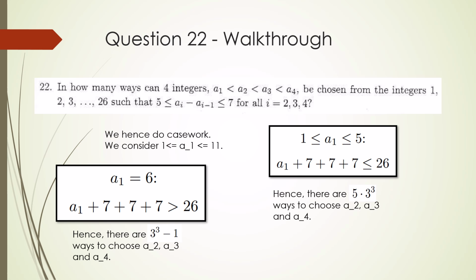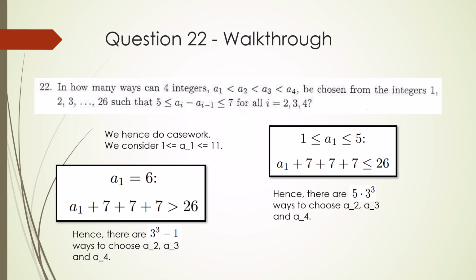So any combination of these differences is allowed. Since there are 3 possible choices for each difference and you have 3 differences, you have 3 cubed or 27 choices for each a1, and since we're considering 1 to 5, you have 5 times 27 for the case where a1 is between 1 and 5, inclusive.